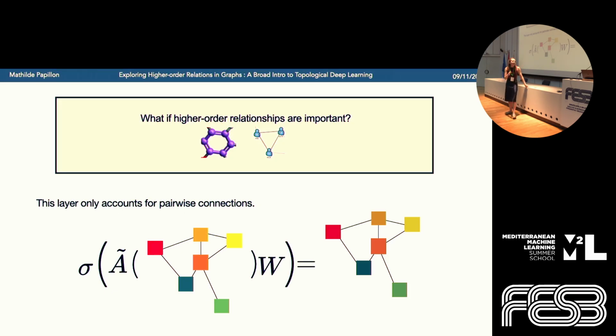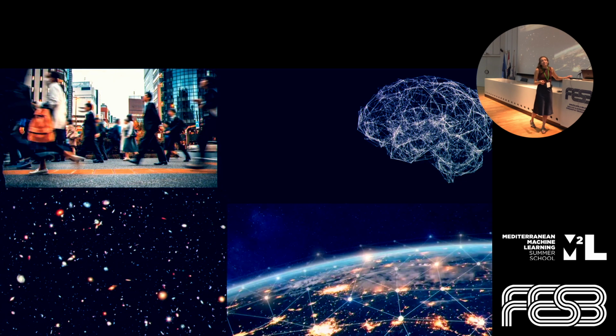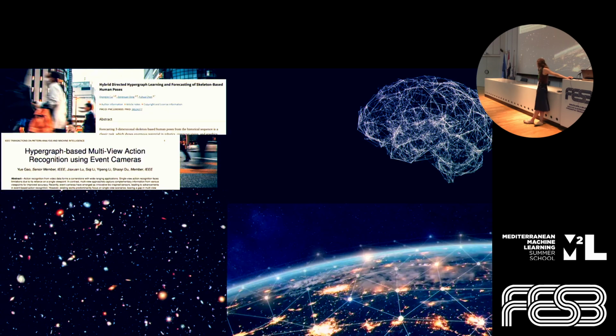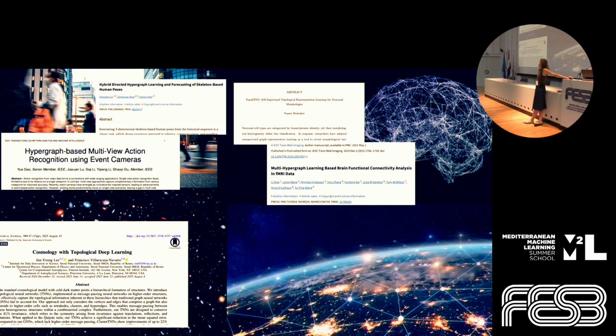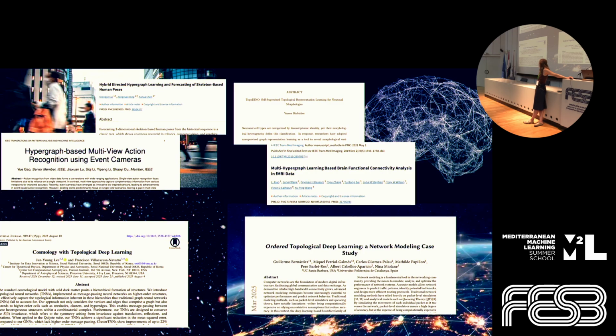And that brings me to part 2, which is topological deep learning, which has been shown to be really important in many, many applications, ranging from how we move, how our brains work, how space works, and how the internet works.